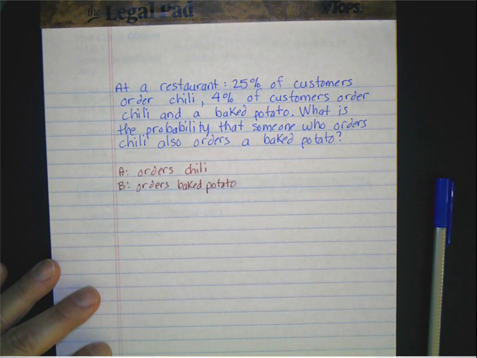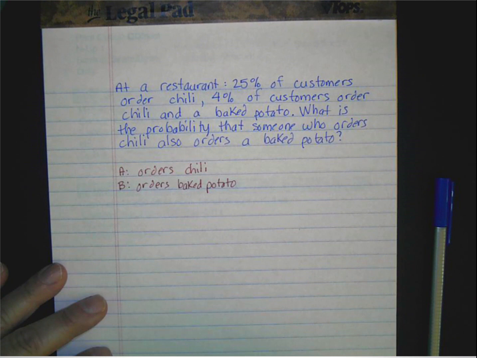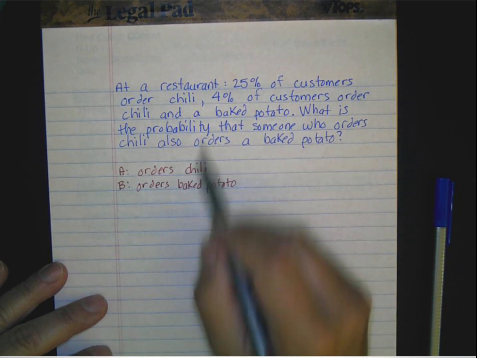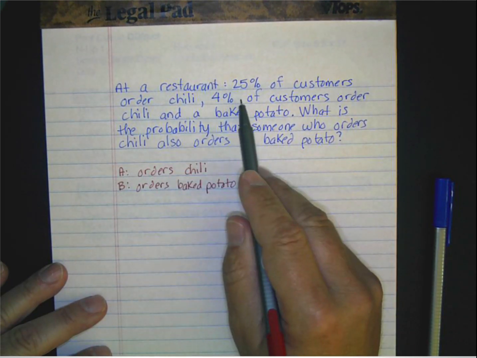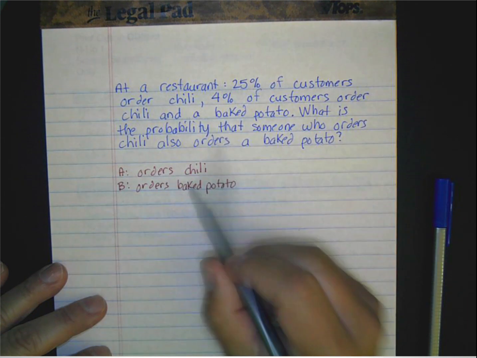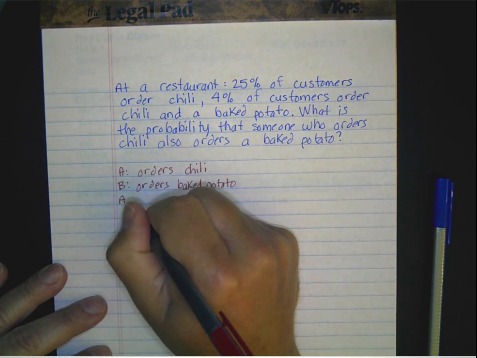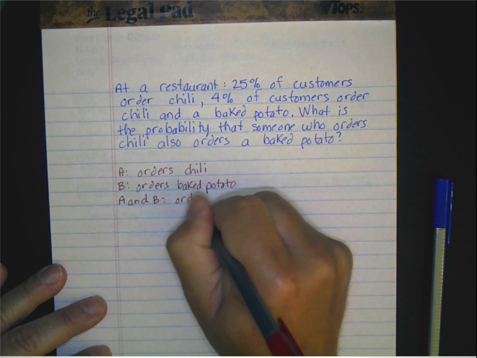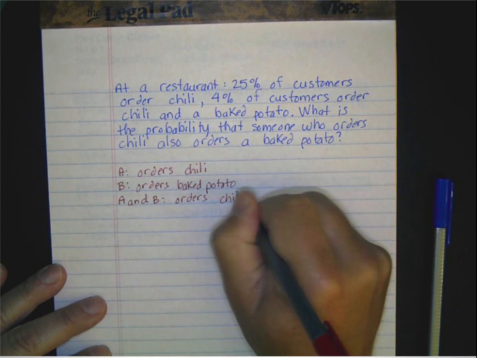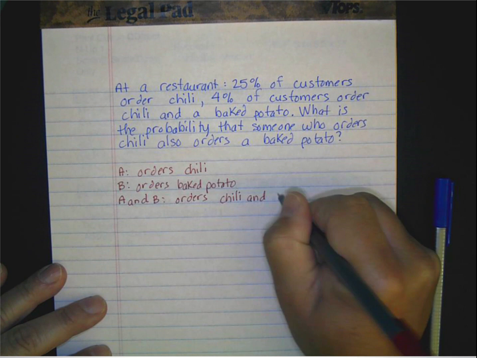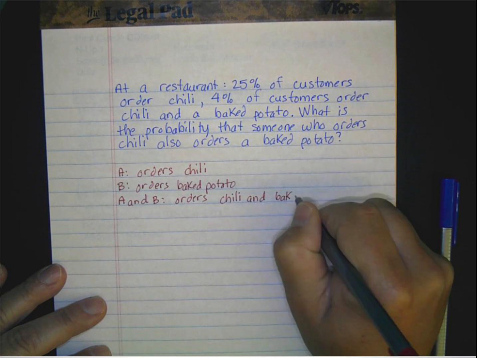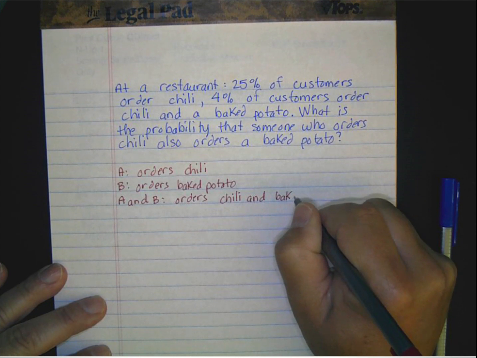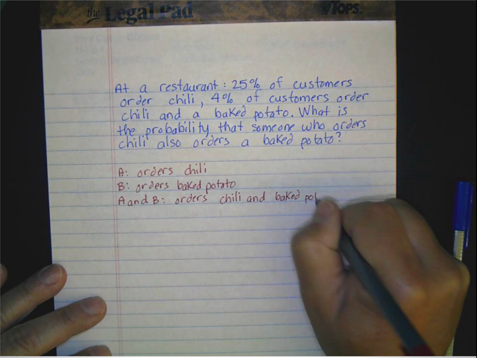So we have orders chili, and we have customers who order chili and a baked potato. So A and B would be orders chili and baked potato. However you pronounce potato doesn't matter. You call it what you want to call it.